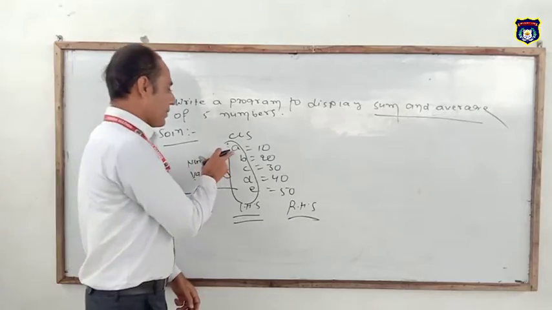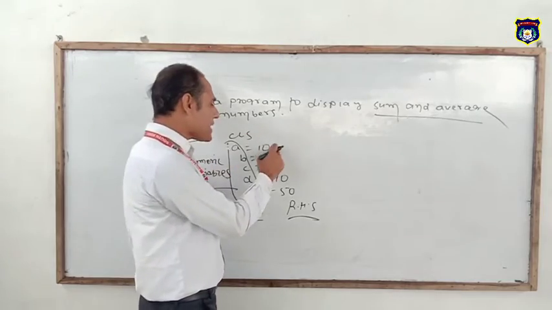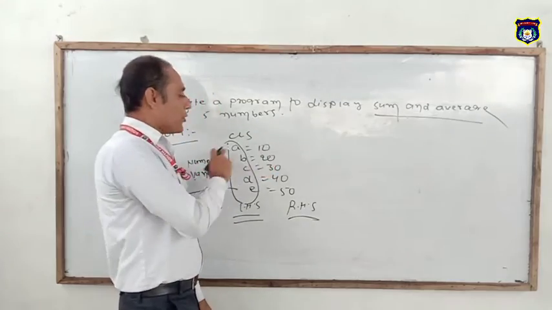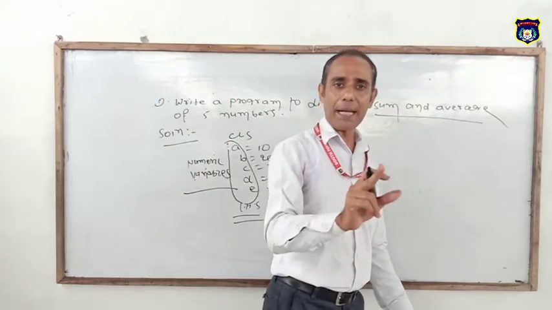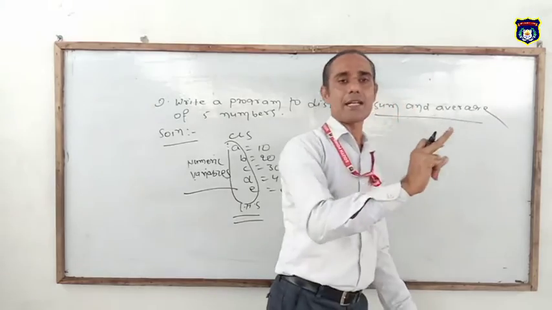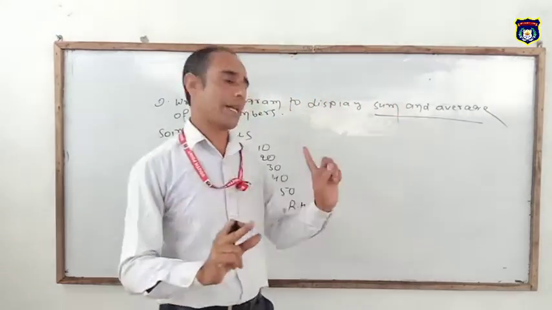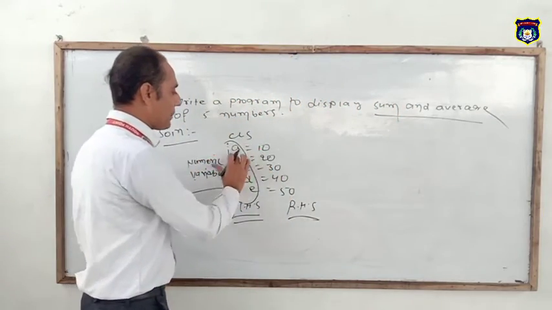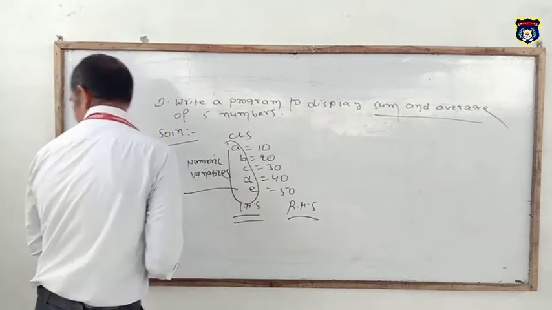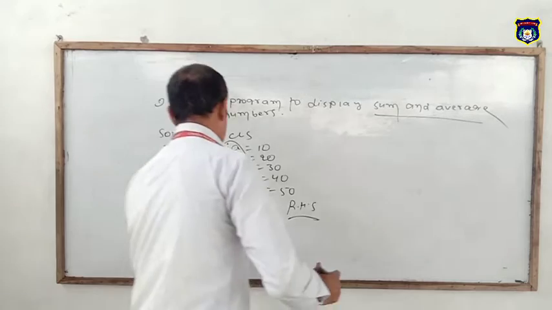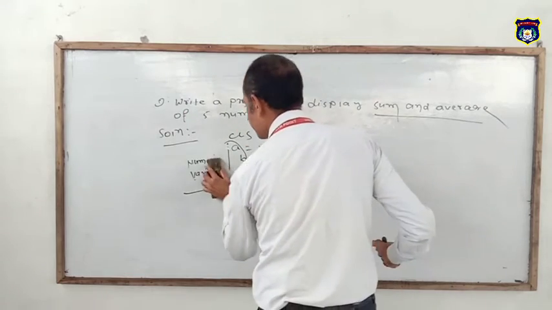One thing: a numeric variable always stores a numeric constant. A numeric variable cannot store a string constant. Similarly, a string variable always stores a string constant. A string variable never stores a numeric constant. A equal to 10, B equal to 20, C equal to 30, D equal to 40, E equal to 50.